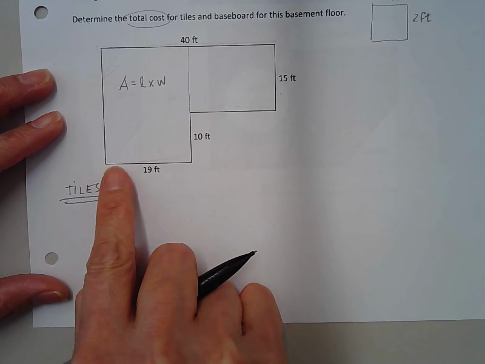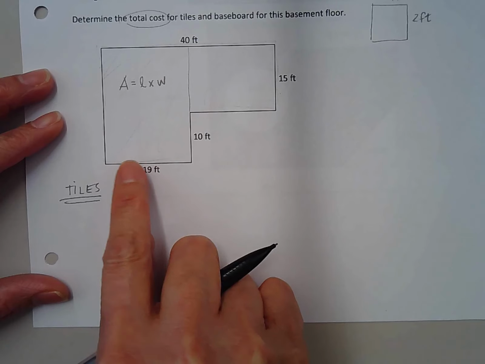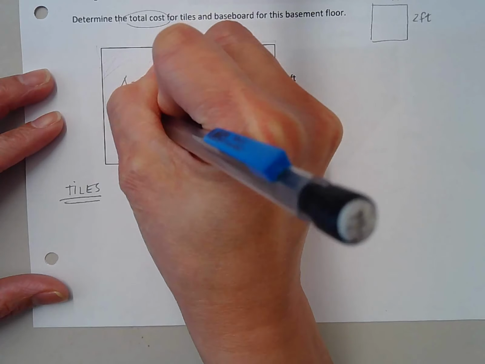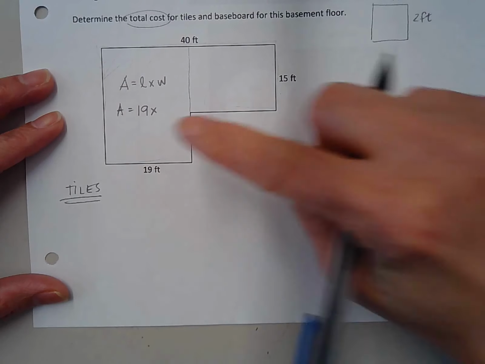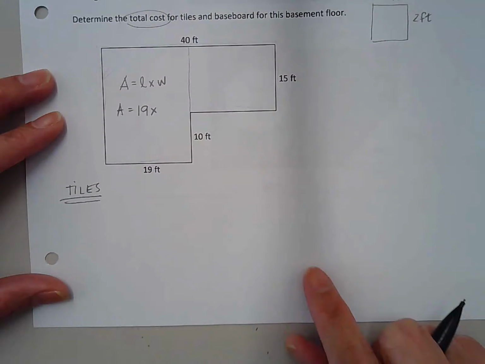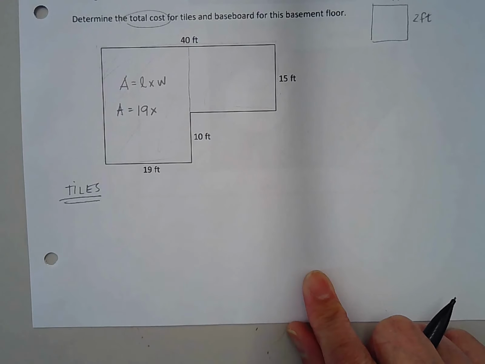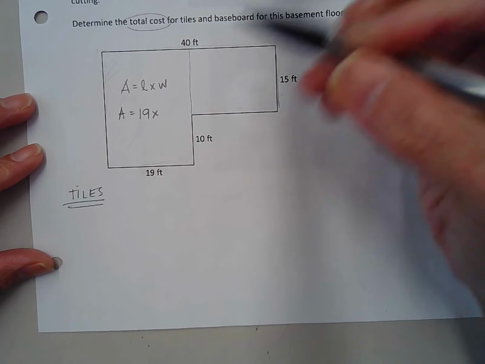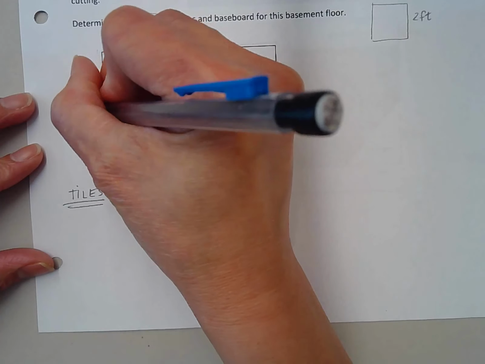Okay, what's the length of this one? I'm already pointing at it. 19, right? What is the width? What is this width? 25. How do you know it's 25? 15 plus 10. Yeah, so 15 and 10, that will give us 25.